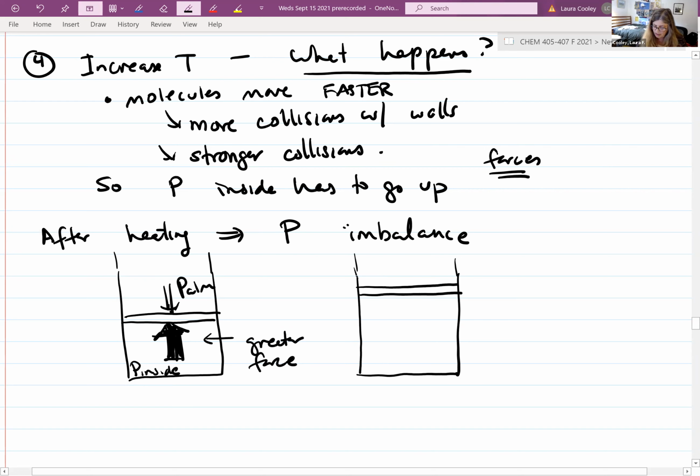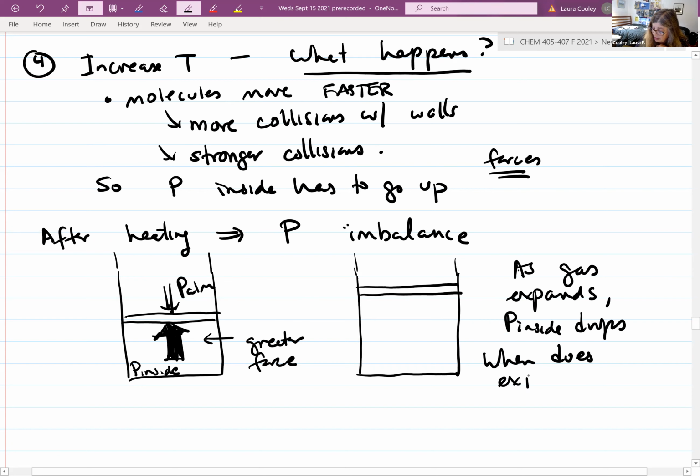Okay, the piston goes up. And as it goes up, the pressure inside is going to go down. Why? Because you're opening up a greater area for the same particles to hit. Okay, so as the gas expands, the pressure inside drops.